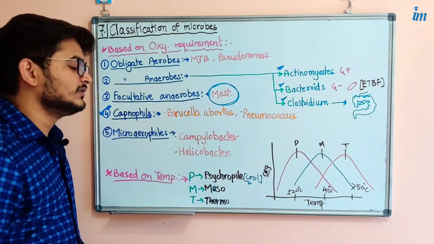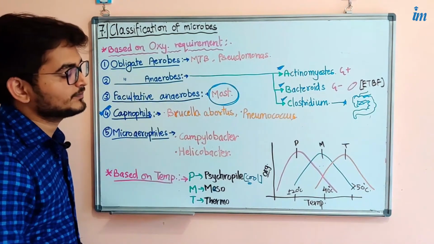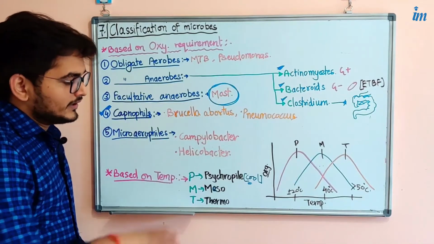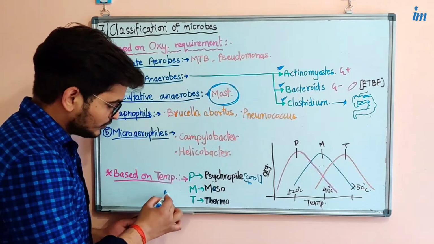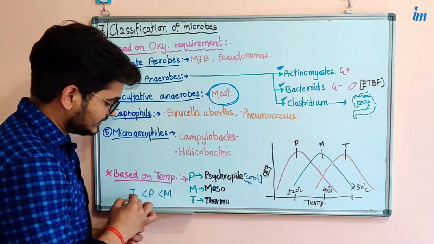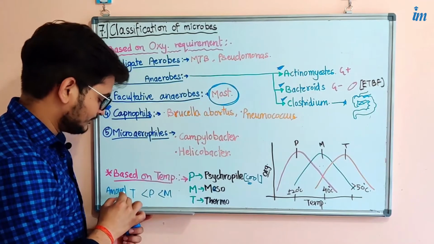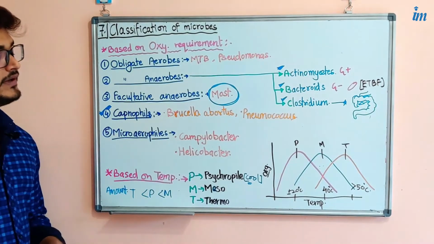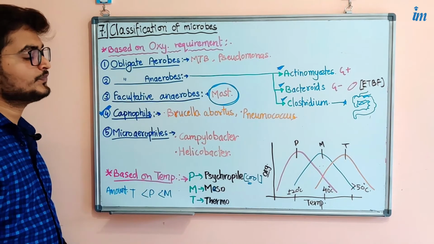And the last one, thermophils, are the fewest, specific types of bacteria. In amount, mostly mesophils, then psychrophils, then thermophils. But when we talk about temperature, the highest temperature belongs to thermophils.